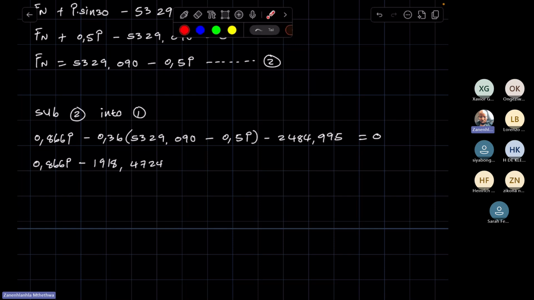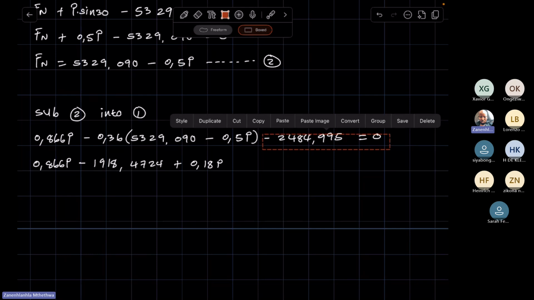Right, and then of course you then multiply the negative 0.36 by the negative 0.5 P. Right, so the two negatives are obviously going to cancel each other out, and we get positive. So 0.36 times 0.5 gives us 0.18 P, and then this one remains the same.